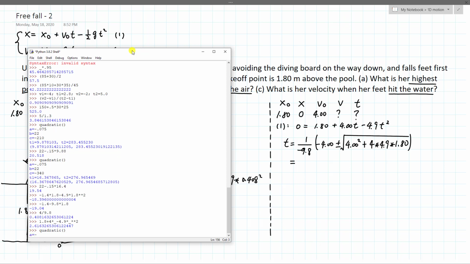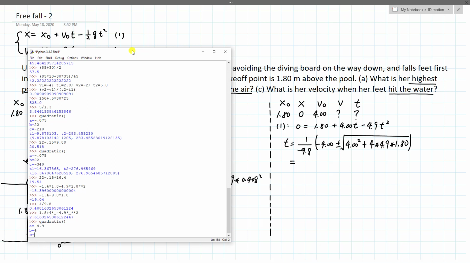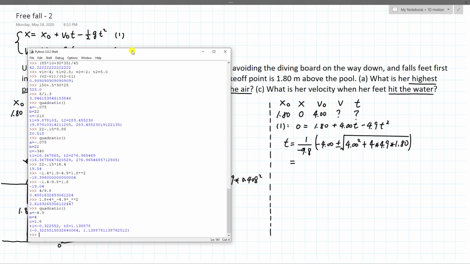So minus 4.9 is A. Remember, the A is the quadratic factor, and B is 4, and then C is 1.8. So we should get 2 times. Okay, so minus 0.322 if I round to 3 digits, and 1.14.